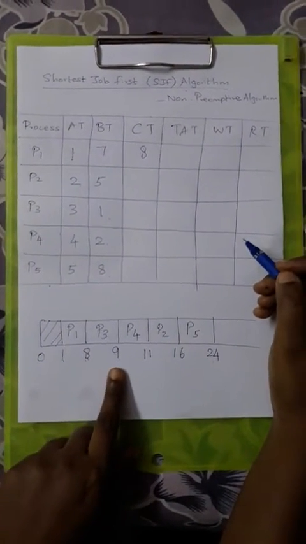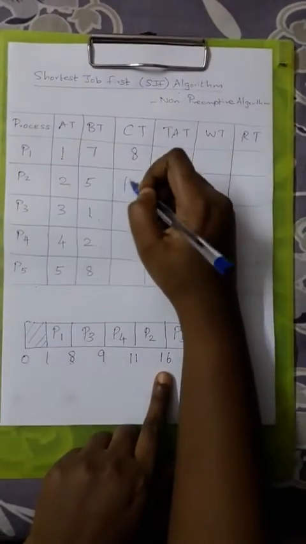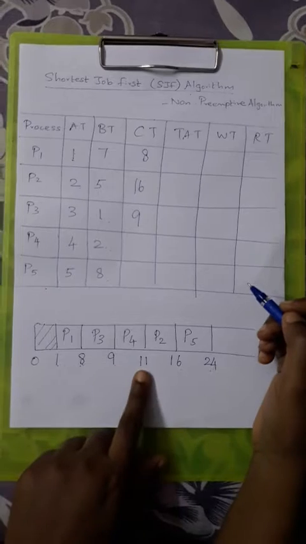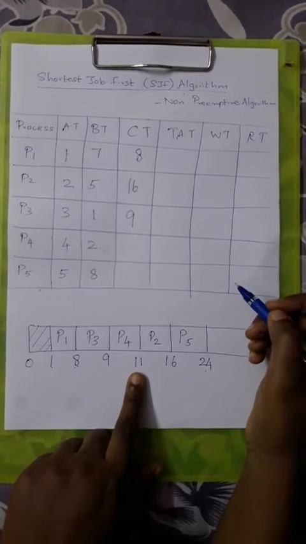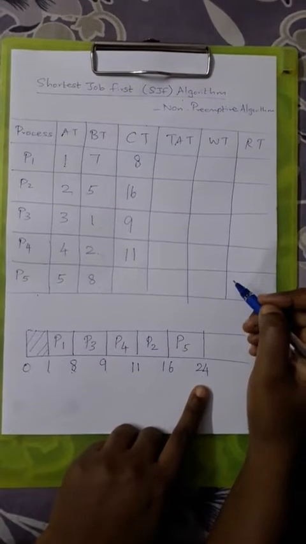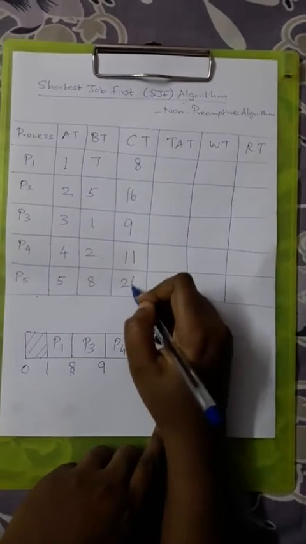For P2, the completion time is 16. For P3, it is 9. For P4, it is 11. For P5, it is 24.